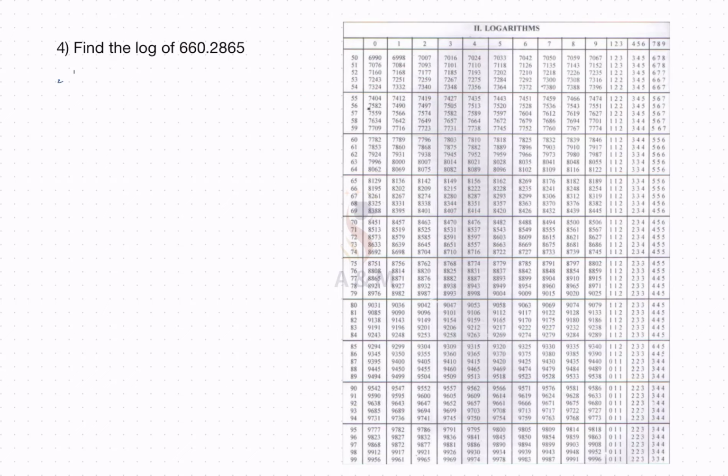Therefore here log 6.602865 into 10 square. You know that log A into B is equal to log A plus log B. Therefore log A is 6.602865 plus log B is log 10 square.